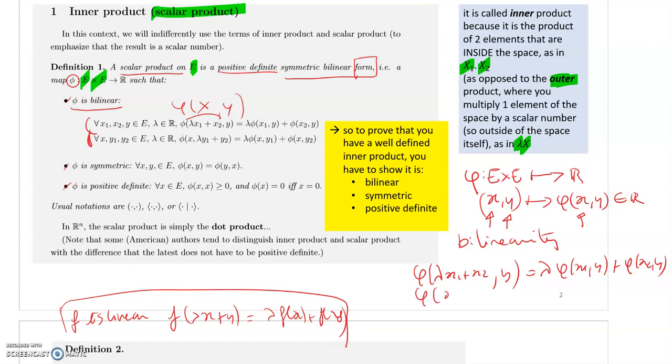Whatever the x as the first argument, if I take a linear combination for the second argument, let's say lambda y1 plus y2, I want linearity. So that will be lambda phi of x y1 plus phi of x y2. Okay, so you have these two checks. It's usually very simple to check.